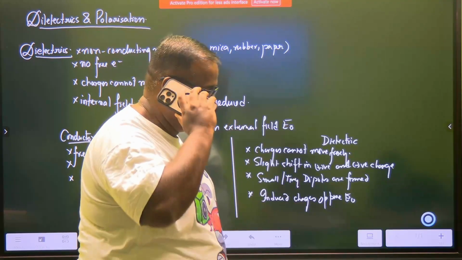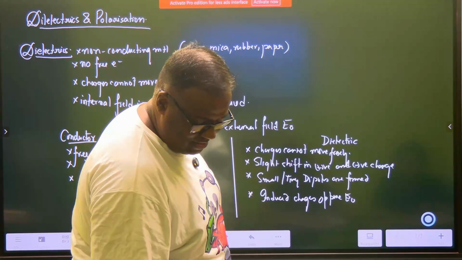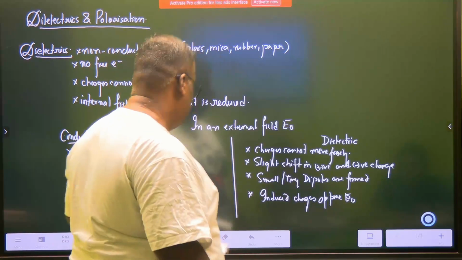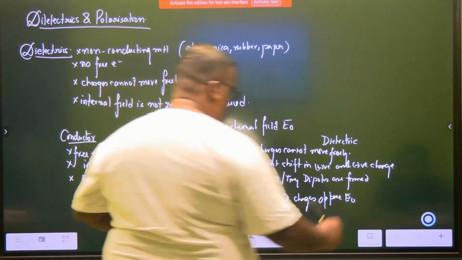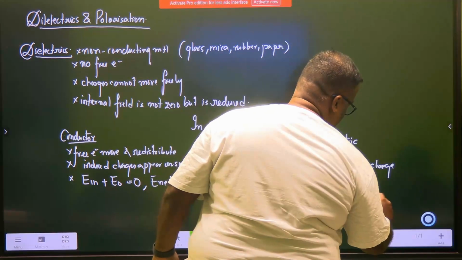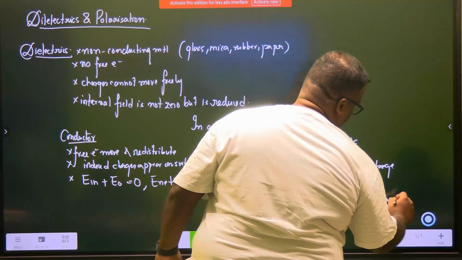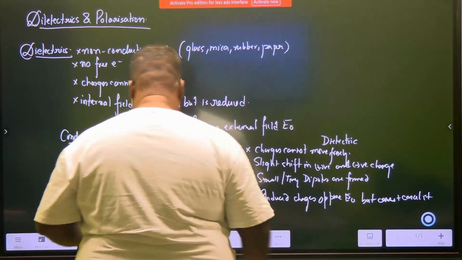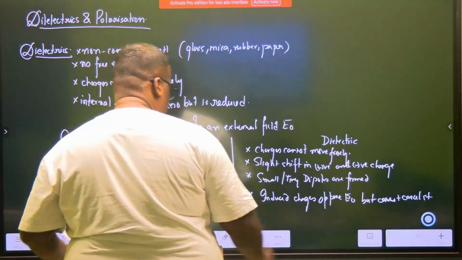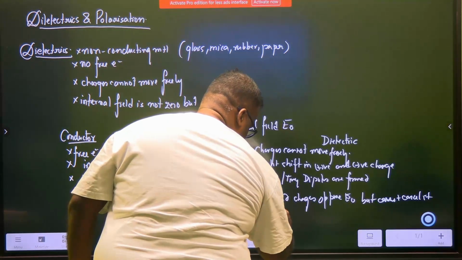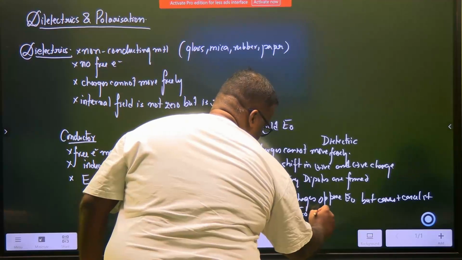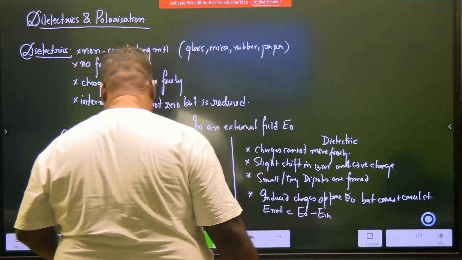Okay, so here we say induced charges oppose E naught but cannot cancel it. This might appear like Greek and Latin to you, so don't worry, we will see why this happens. So your E net will be equal to whatever E0 you had minus E induced.